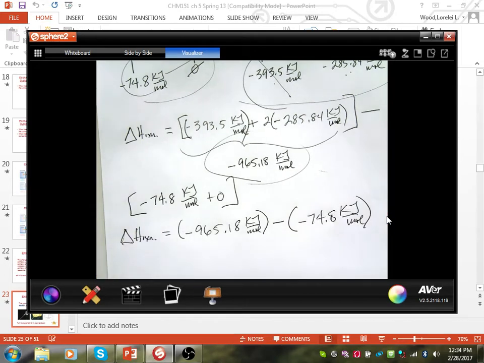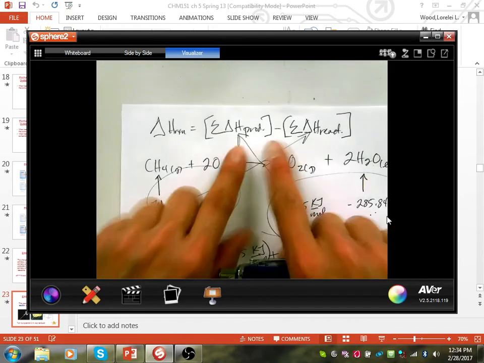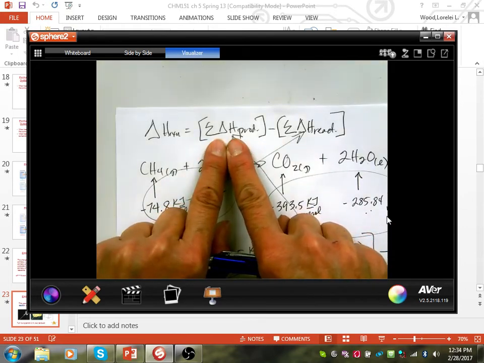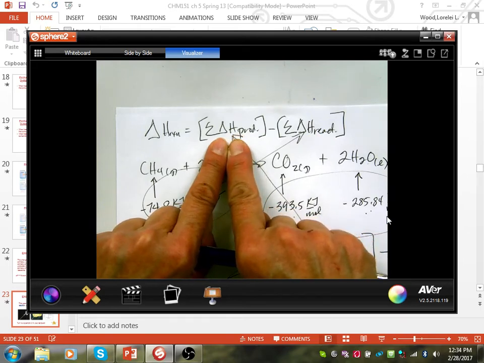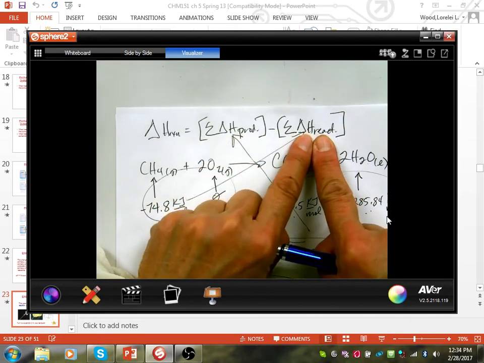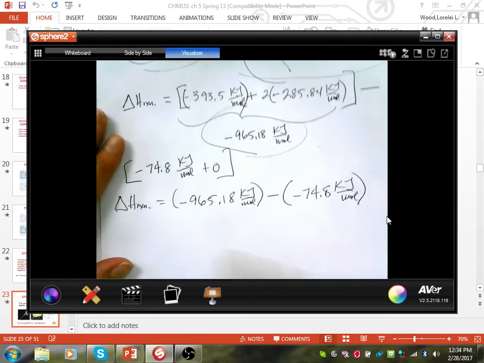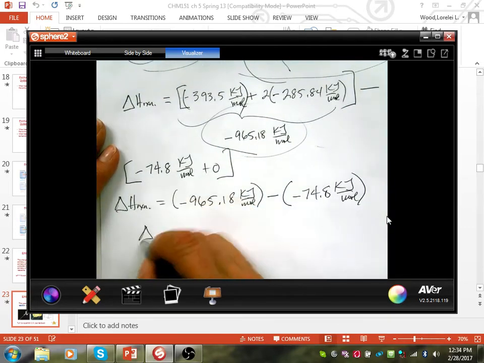Did you see what happened to the signs there? Because we started with my original formula, right? The enthalpy of the products minus the enthalpy of the reactants. How much money am I making in my cupcake shop minus how much it costs me to set everything up in my expenses, right? Okay. Here, what's my overall enthalpy of the reaction?